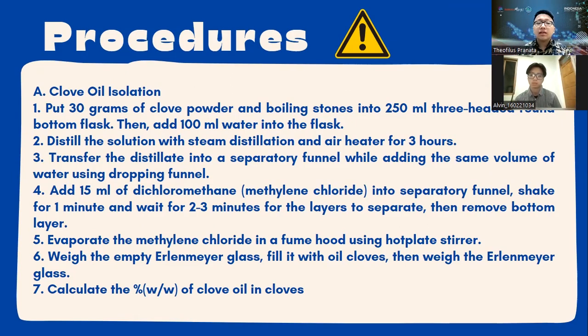So the main thing about isolations is steam distillation, and then we separate the mixtures by the separatory funnel, and then we evaporate the methylene chloride in fume hood using hot plate stirrer, and then we weigh the clove oil we get, and then we can calculate the percentage of clove oil in cloves.